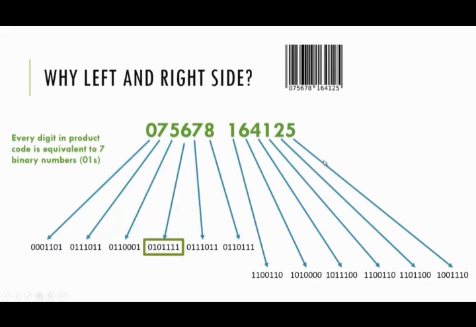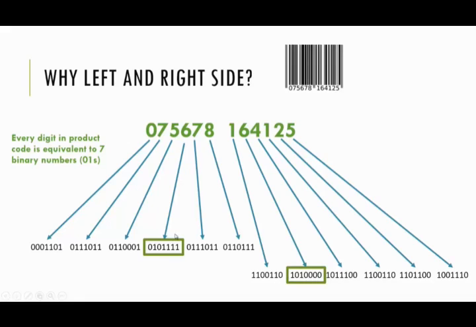Moving forward, now notice these two different binary numbers. You see here that this is the number 6, and the binary number of 6 here is 0101111. But the 6 here has a binary number that is 1010000.